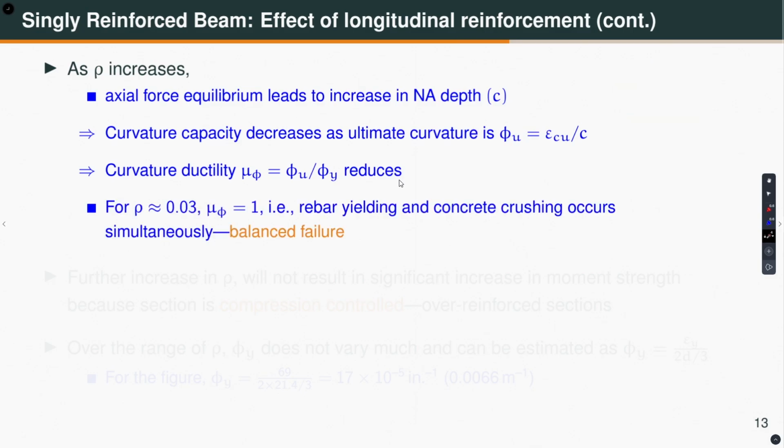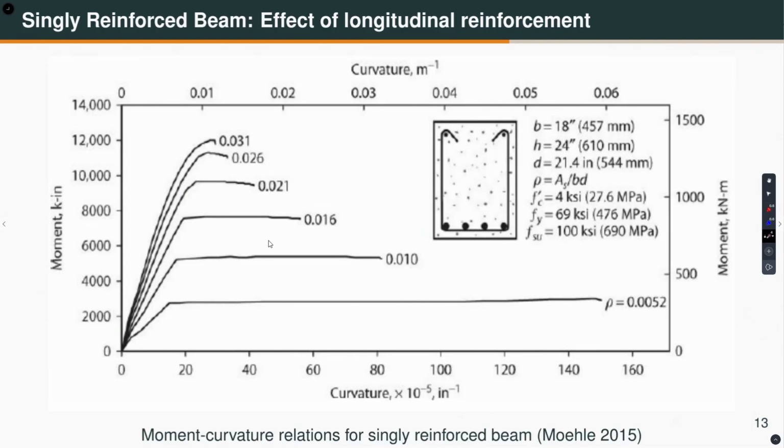For this particular case, for rho approximately equal to 0.03, the curvature ductility is equal to unity. Rebar yielding and concrete crushing occur simultaneously and this is the so-called balanced failure, which is not desirable, by the way, or not preferred.